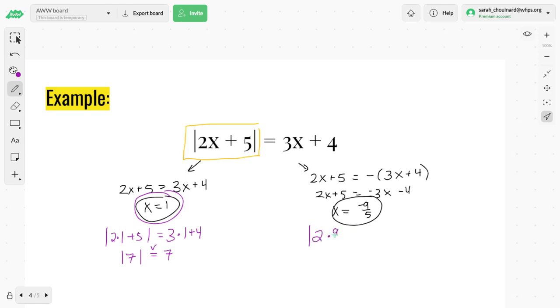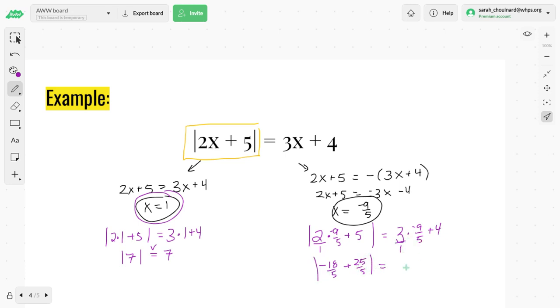So we're going to do 2 times -9/5 plus 5 is equal to 3 times -9/5 plus 4. So 2 times -9/5 gives me -18/5. And I want to make a common denominator so I can add these together. So 5 should be 25/5.